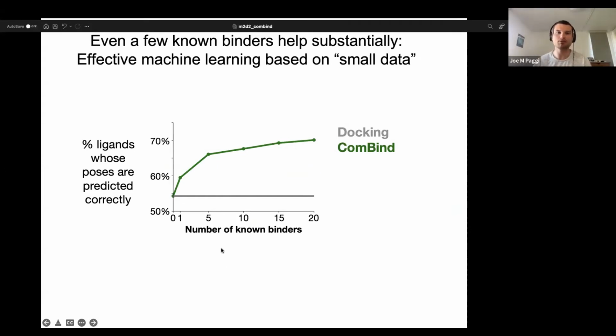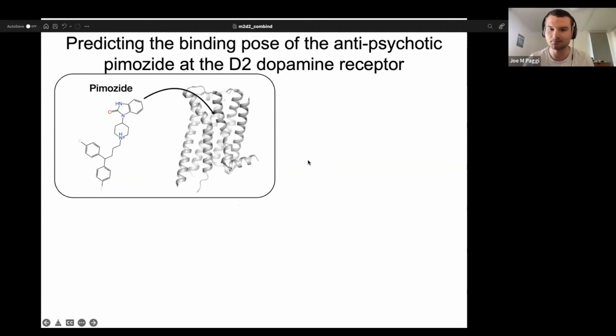One thing I should mention is that in these benchmarks, our query ligand, the one that we assess for correctness and that contributes to these benchmark numbers, we of course had a co-crystal structure for, but for the other known binders, we simply downloaded ligands from ChEMBL. So say we're assessing for beta 2, we went to ChEMBL and took the first 10 highest affinity ligands and used them as the helper ligands.